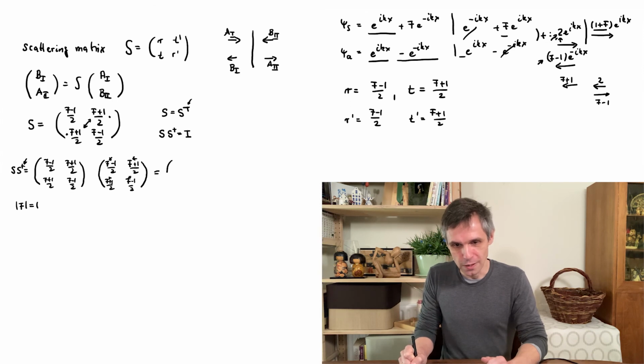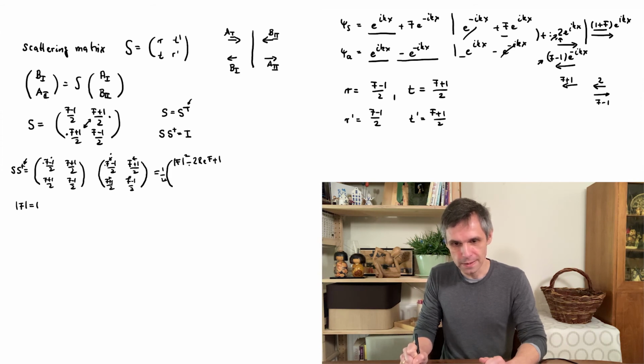Okay, so let's do these matrix multiplications. So this times this one here, this will be the absolute value of f squared minus 2 times the real part of f. There will be an f and an f complex conjugate, which I just added with this minus sign, and then plus 1.